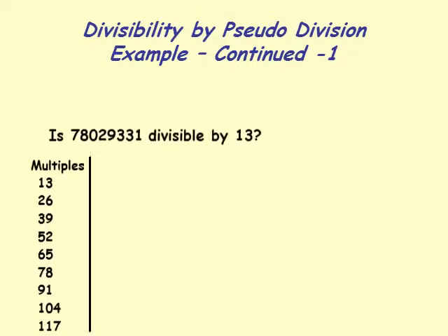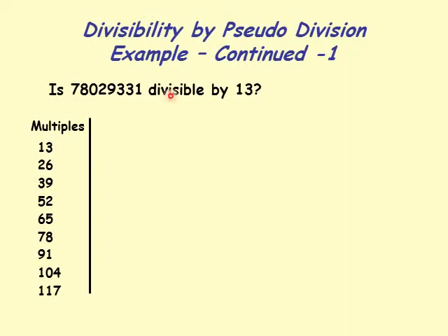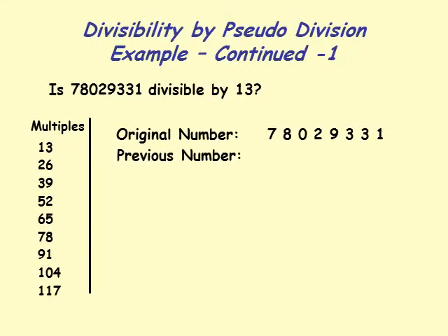Continue with the example we have. We will try to divide the number by 13. Here's my cheat sheet, here's the problem, here's the original number, 780293331, and here's the previous number. After we attacked the dividend and knocked out some of the numbers, we were left with 73071.